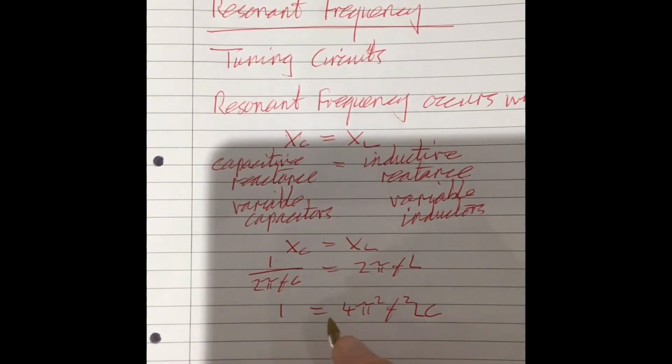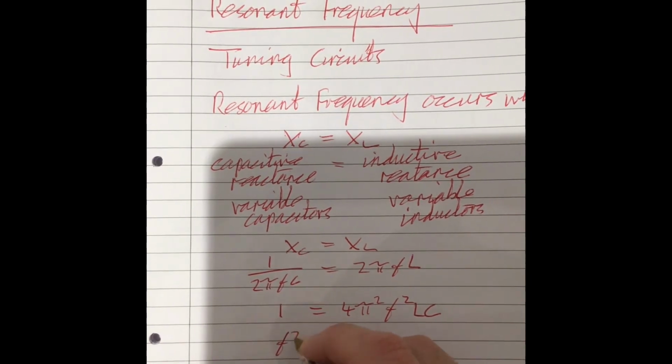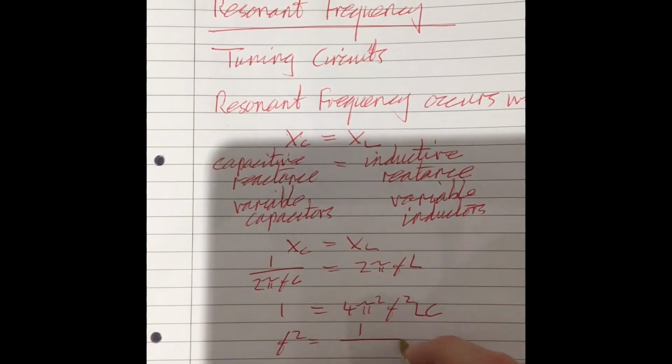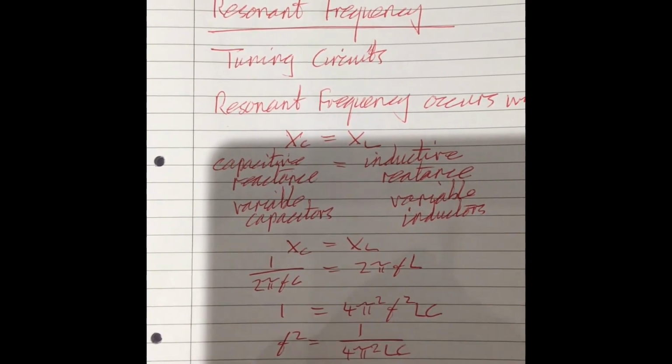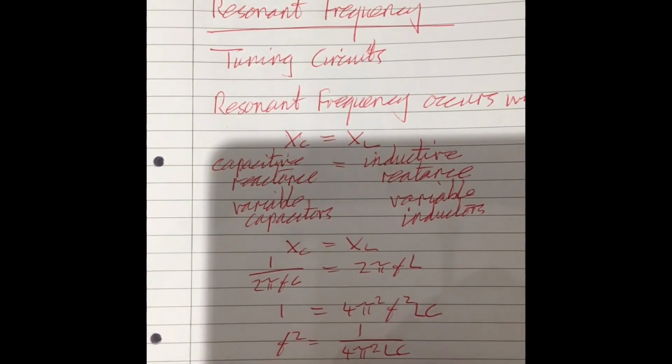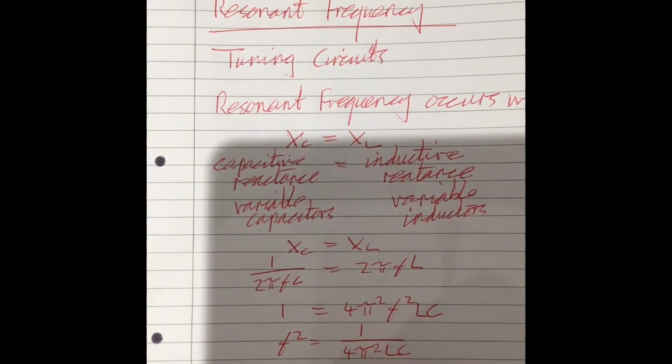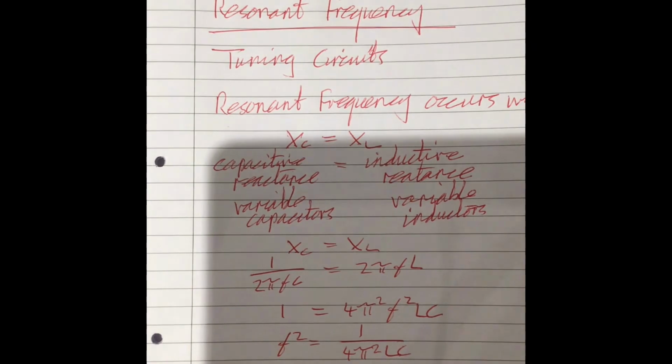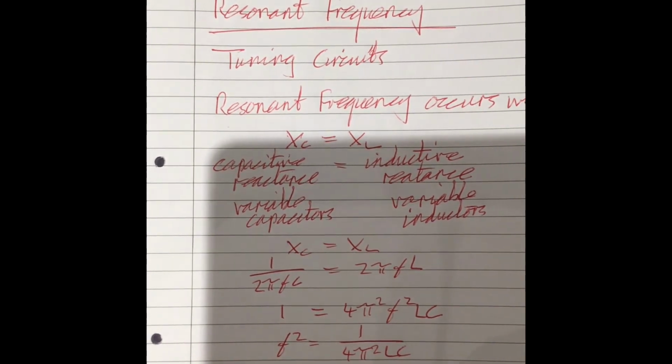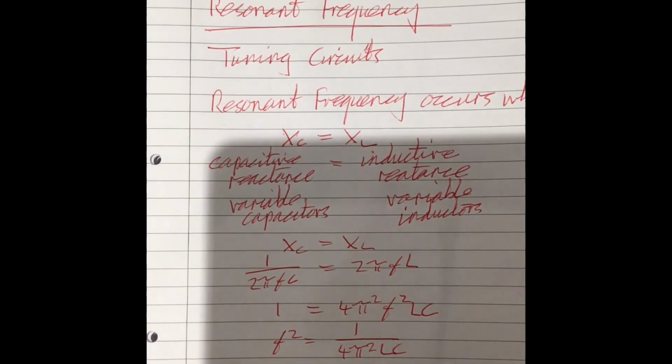And that means that F squared equals 1 over 4 pi squared LC. That means that F equals 1 over 2 pi square root LC. And that frequency is the resonant frequency.